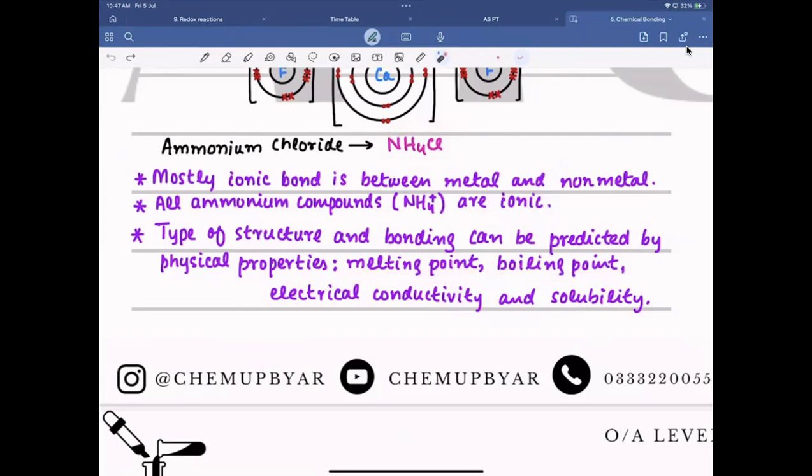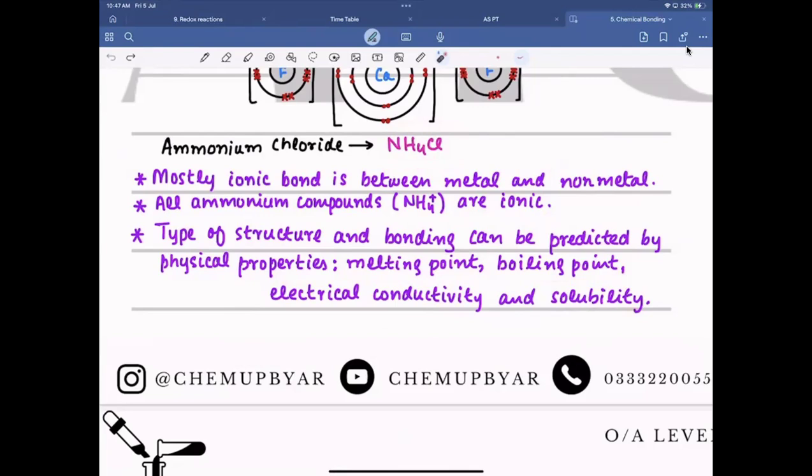Ionic compounds have high melting and boiling points. They are mostly soluble in water. They do not conduct electricity as solids, but when they become either molten or aqueous, they do conduct electricity. So these are the characteristic properties of ionic compounds.